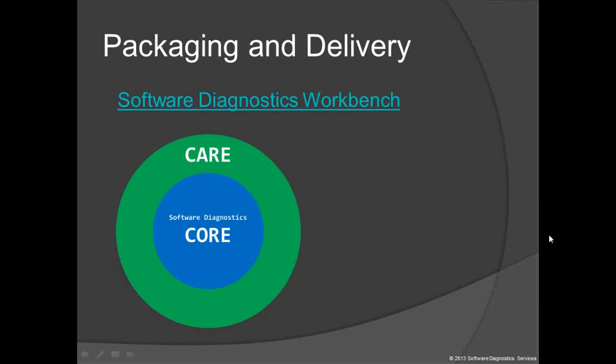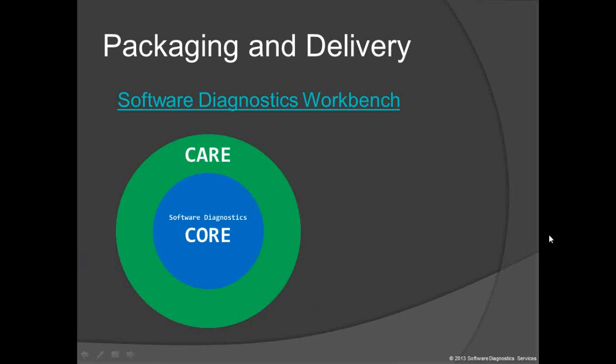A word about tools, packaging and delivery. Software Diagnostics Services is working on Software Diagnostics Workbench with nicely formatted pattern catalogs, having easy navigation, explanations, revised and extended command to pattern maps, typical software diagnostics case studies, and lots of other practical information. All this should appear in spring.